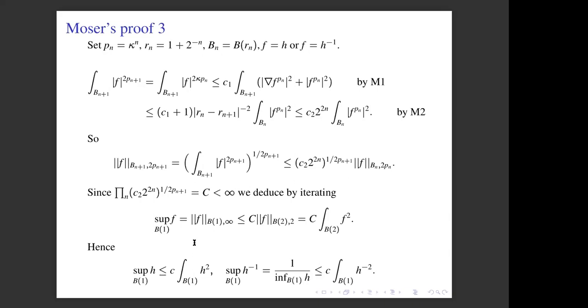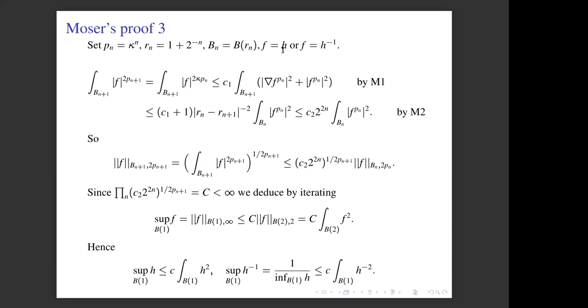And so by iterating, we get that the supremum... these balls are decreasing to B_1, these p_n's are increasing to infinity. So assuming some very mild initial regularity of the function f, like just being continuous, we end up with the supremum of f over B_1 bounded by the constant times the norm of f over B_2 of 2, in other words, by this integral here.